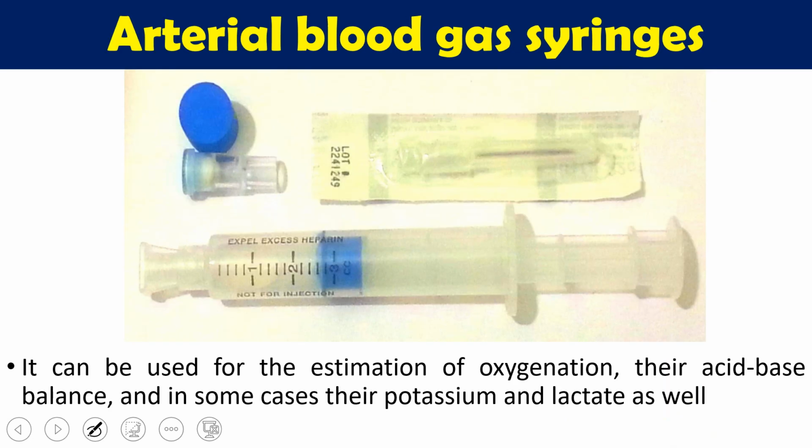Similarly, we have another one, called arterial blood gas syringes. This arterial blood gas syringe, as you can see in the pictures, can be used for blood gas analysis, mainly for oxygenation studies, for acid base balance and in some cases potassium and lactic acid estimation also.